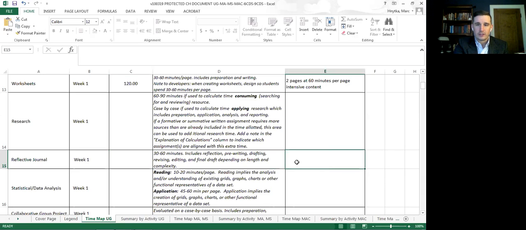Usually you would have maybe a half page to 2 pages. If you're going to have students do a 1.5 to 2 page reflective journal, then that might be on the 60-minute realm. Or if you're just going to ask them to do half a page to 1 page, maybe that's more on the 30-minute realm.